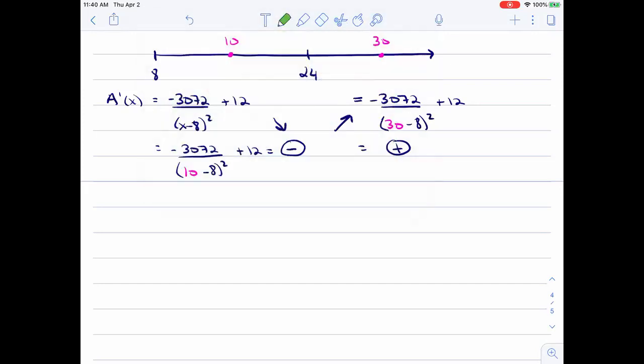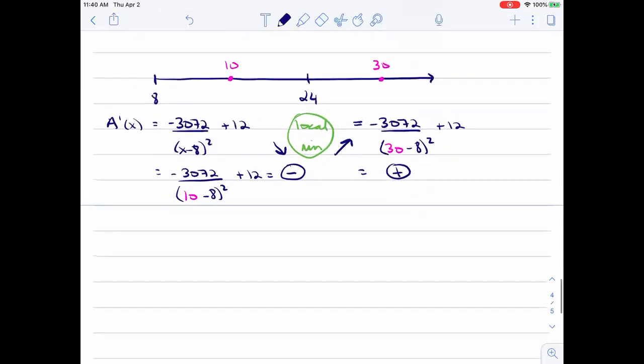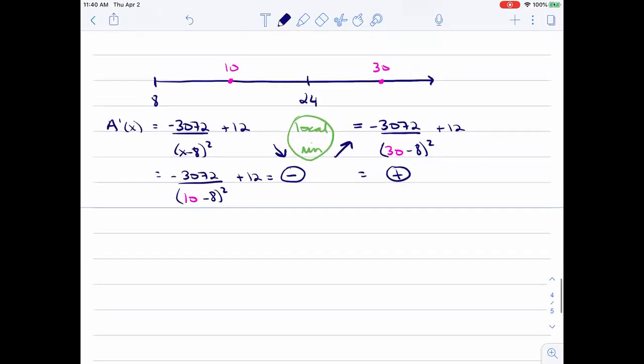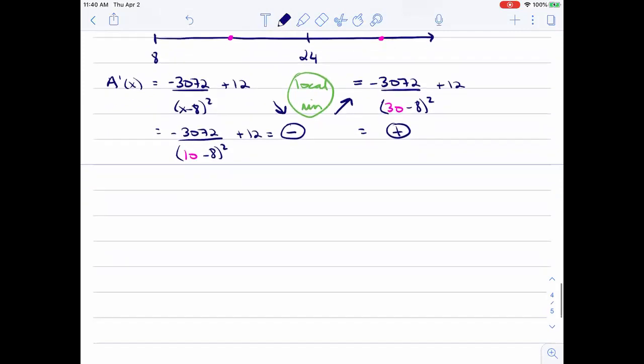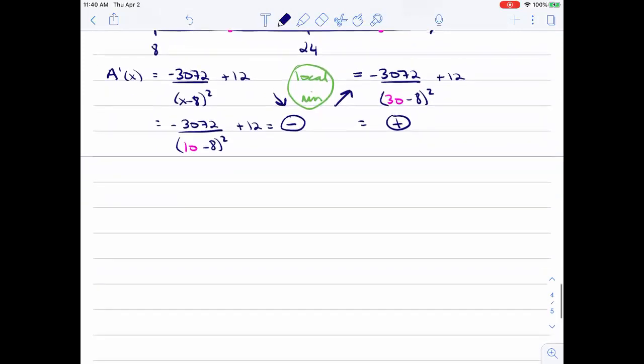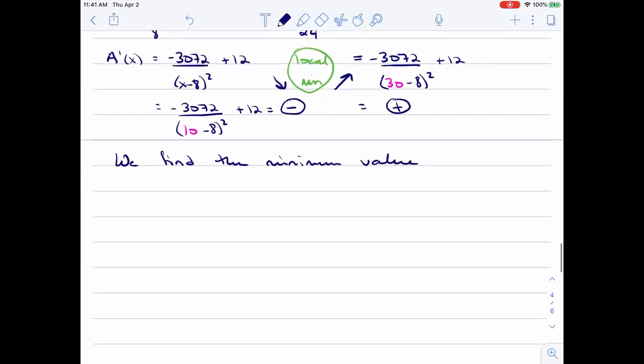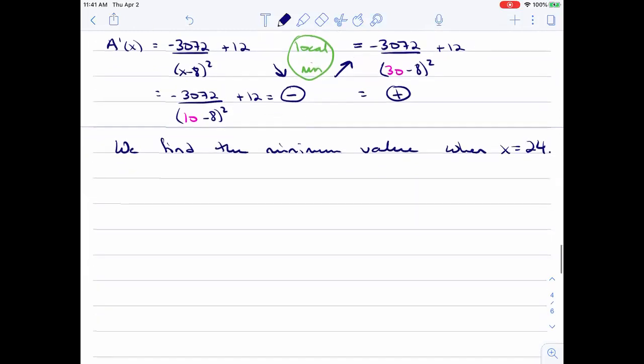So x equals 24 is the minimum, and so here we find the minimum value when x is 24.